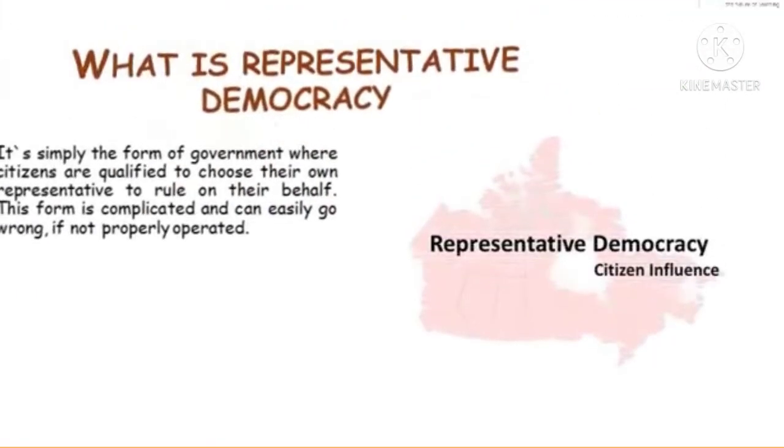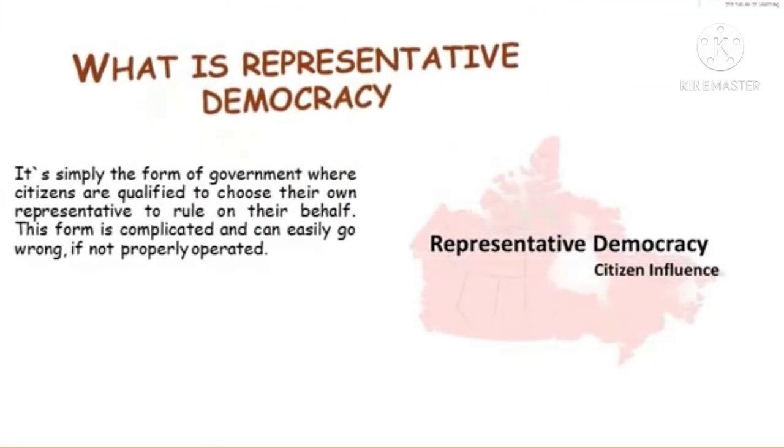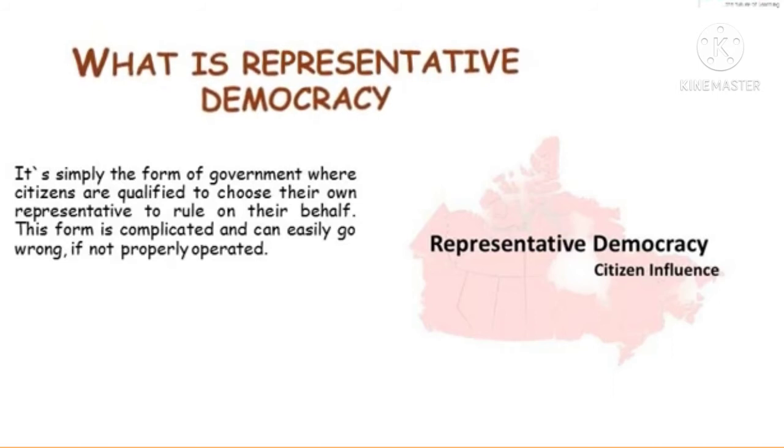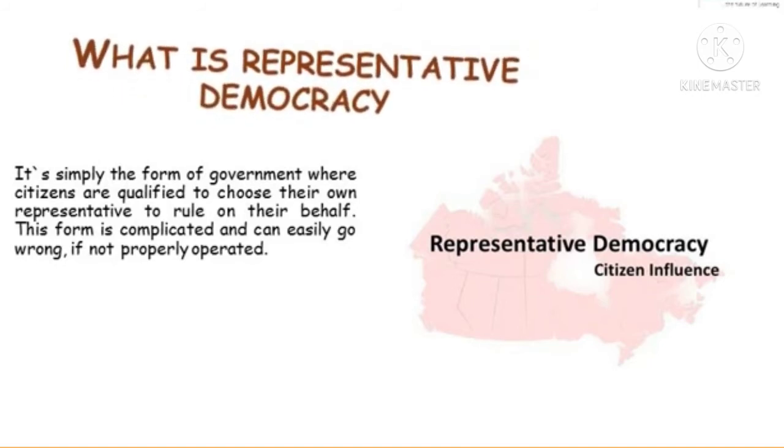So what is representative democracy? It is simply the form of government where the citizens are qualified to choose their own representatives to rule on their behalf. This form is complicated and can easily go wrong if not properly operated. Representative democracy is a citizen-influenced form of democracy.